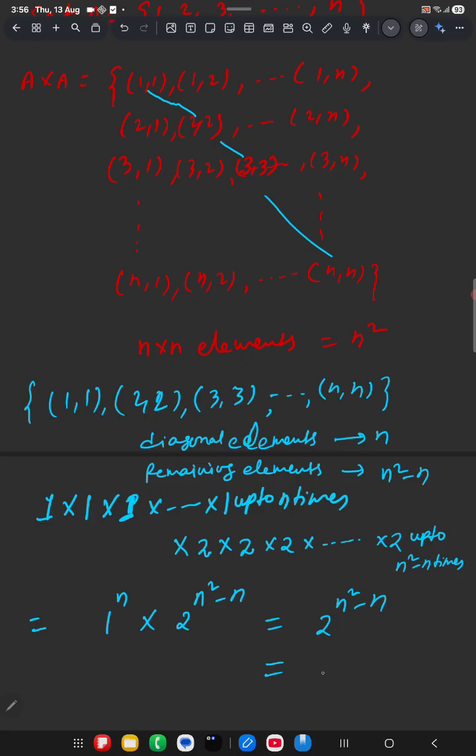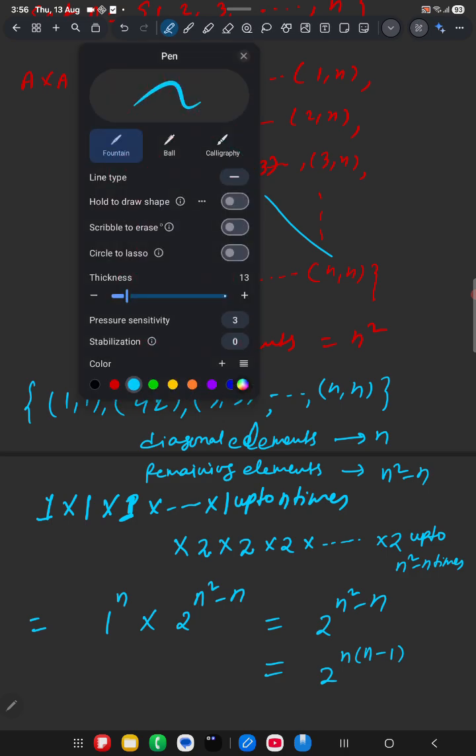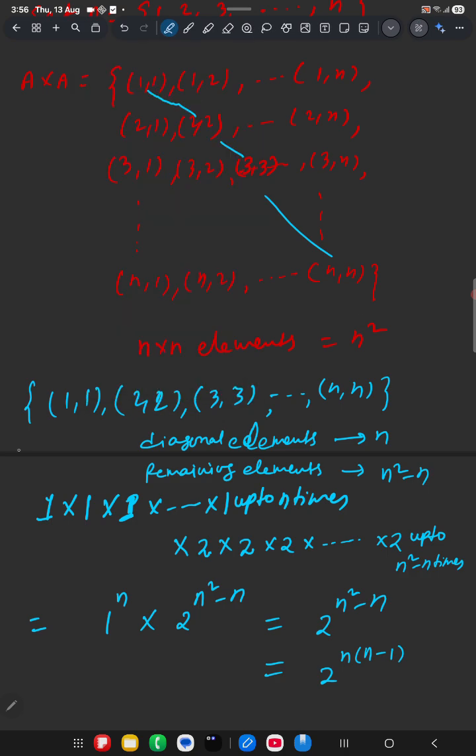Either you remember this form or this way. So this will be the total number of reflexive relations.